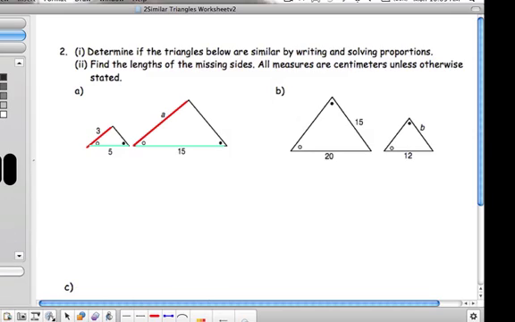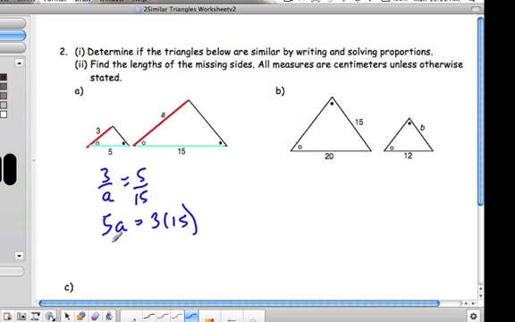So the proportion we can set up is 3 over A is equal to 5 over 15. We cross multiply, so that's going to be 5A is equal to 3 times 15, which is 45. We have to divide both sides by 5, so A equals 9. All right, next one.